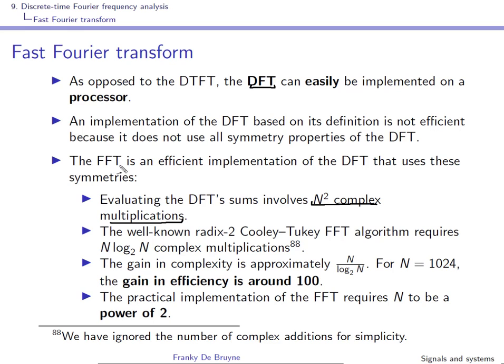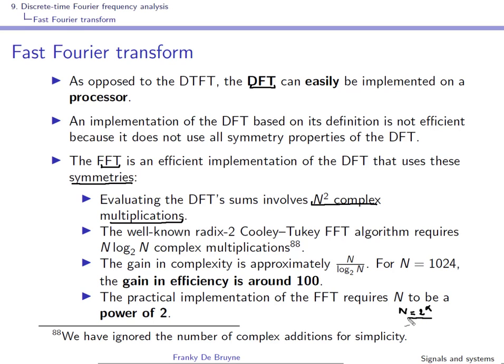The FFT is an efficient implementation of the DFT that uses the symmetries, but to use them you have to impose that N is a power of 2, that is N equals 2 to the alpha, where alpha is an integer.